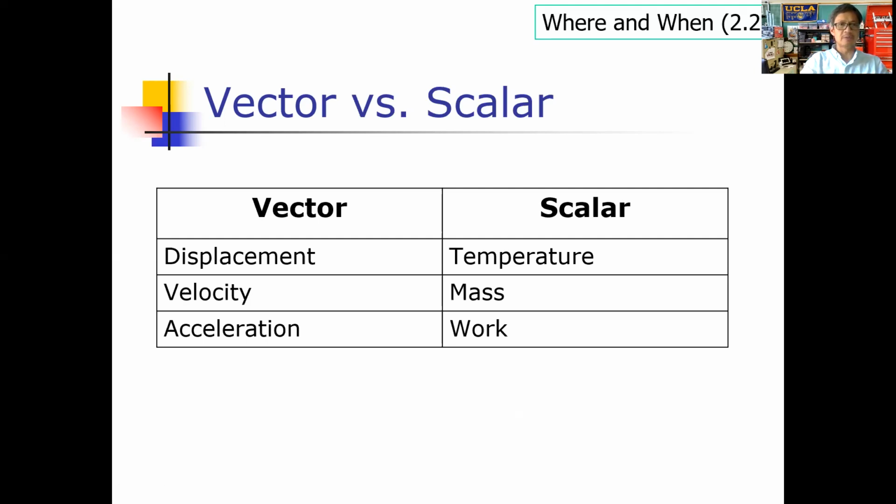Make sure you keep in mind that vector quantities are all measured quantities, but the difference between these and the scalar values is that these have direction. And we have to indicate that direction when we write down the physical quantity.